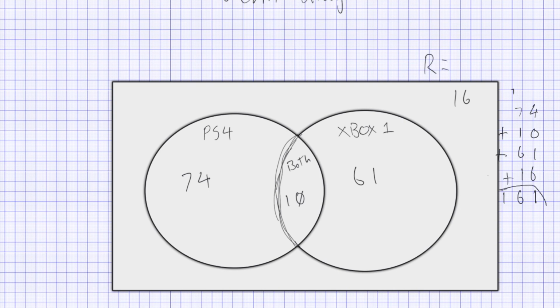So there we have it, our R value is 161. And that is our Venn diagram, how we've taken our raw data and inputted it into a Venn diagram, and now we can go further and work out some deeper level probability.